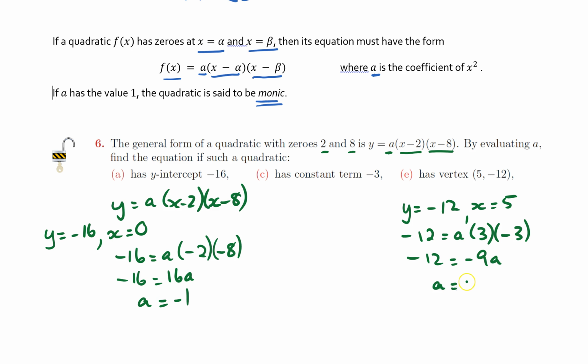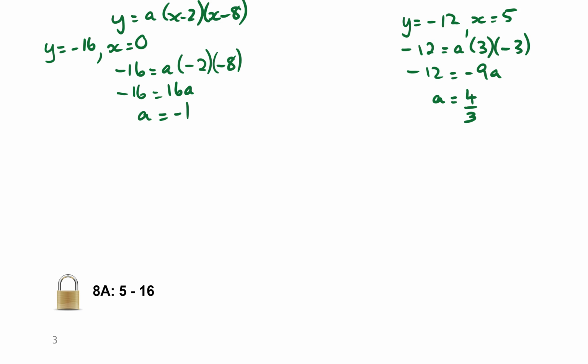A then must be plus 4 on 3. And again, that tells us that we've got a parabola which is concave up. And I could write it out fully if I put the 4 on 3 into here and multiplied it out. So you could try these questions in 8a, and remembering it has to be some combination of the facts that we've just looked at.